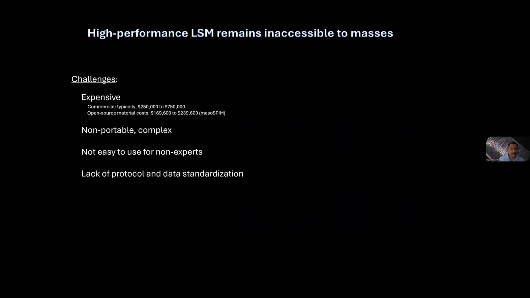Unfortunately, such high performance light sheet microscopy and data analysis capabilities remain inaccessible to most researchers. It's restricted to either optics expert labs, well-resourced labs that can afford it, or an advanced imaging core facility. So there are several challenges that need to be addressed to make it more accessible to the masses.